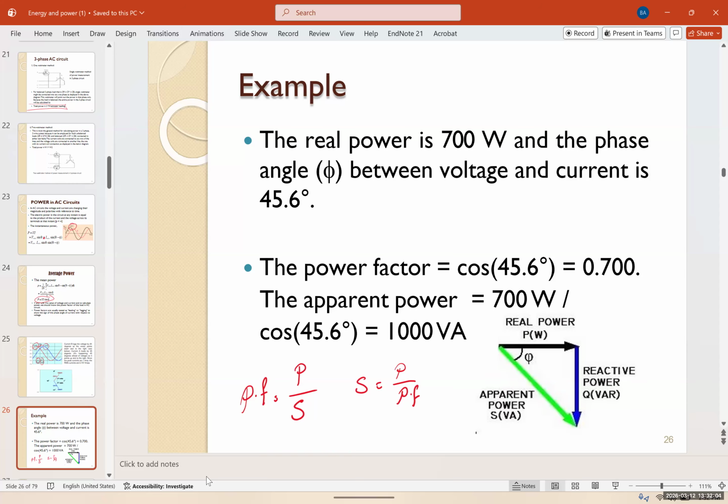And what is the relation between reactive power? So here I want to find reactive power. I want you to find Q. What is Q here? I'll give you a few minutes to think on this.